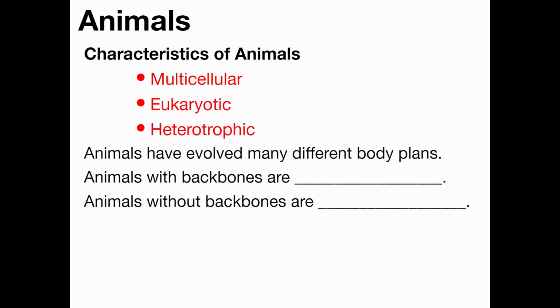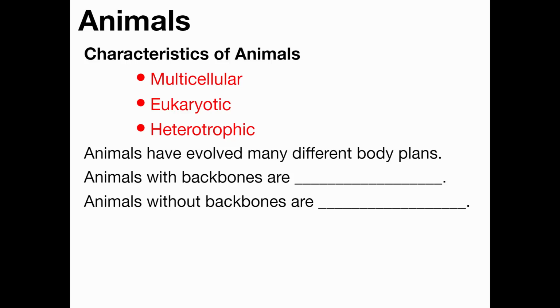And animals evolve a variety of different body plans. One way to think about them is in two main groups: animals that have backbones or spinal cords, and animals without backbones.